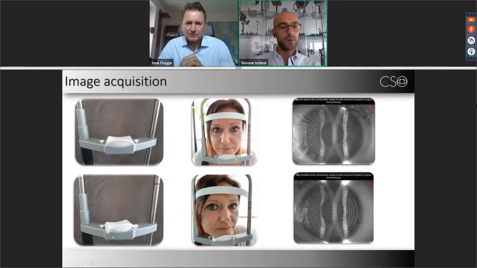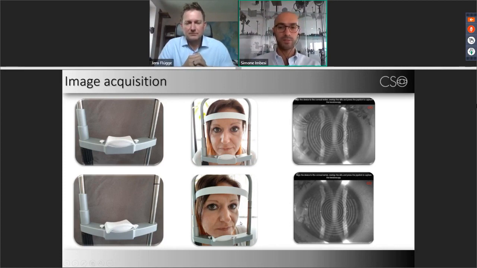This is how our chin rest works. This is the central position, and here, just by rotating the chin rest with your hand, you can switch from left to right position.